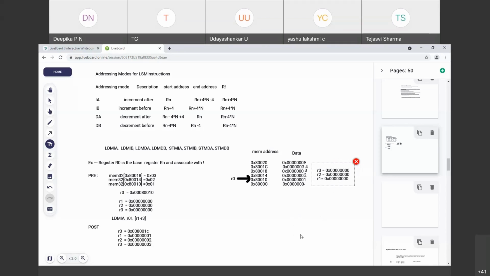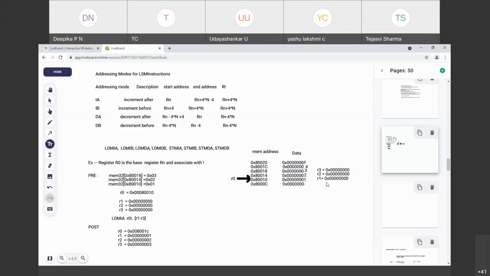Now, when I execute the instruction, what will happen? The contents of this are uploaded. You can say this is the pre-execution.